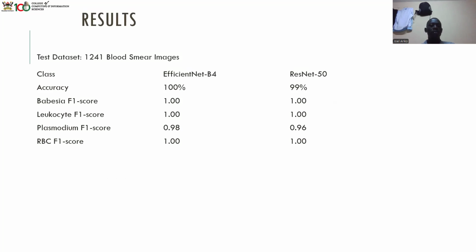So basically both models performed well on Babesia, the leukocyte, and the RBC, and the rest had slight changes, but I think more adjustments will come up so that they both achieve the maximum prediction that we want.